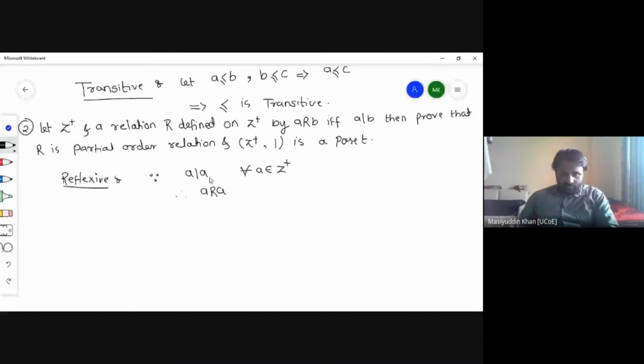So a related to a, therefore for all a belonging to Z plus, this division relation is reflexive. Both things are clear about the reflexive. Now the next one is antisymmetric.